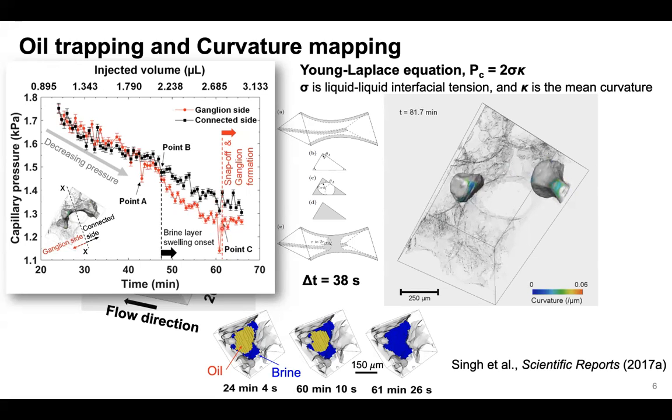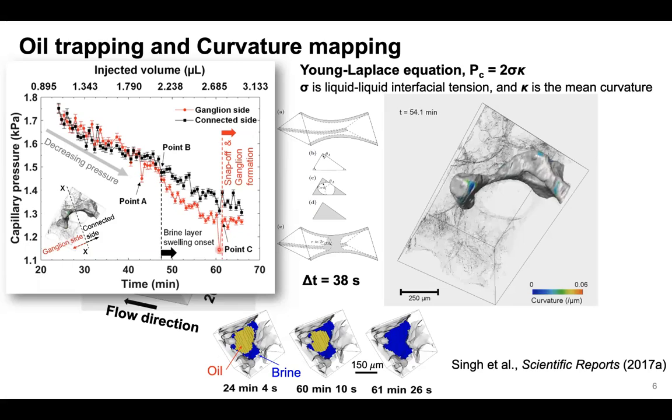I'll discuss a slight bit of instability at a later part, but this is just to give you an example of what sort of analysis we can produce. Another thing is that the brine layer swelling time is between 10 and 15 minutes, which is quite slow compared to what you see for a roof snap-off, which is in milliseconds when you have a drainage process.